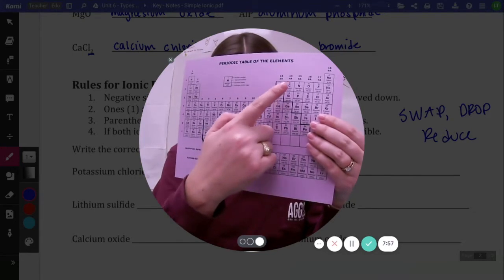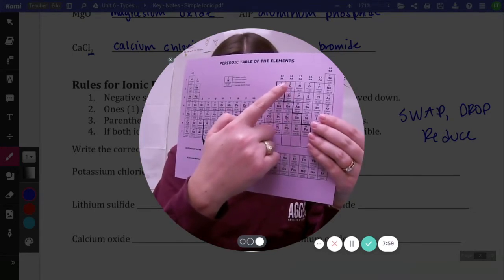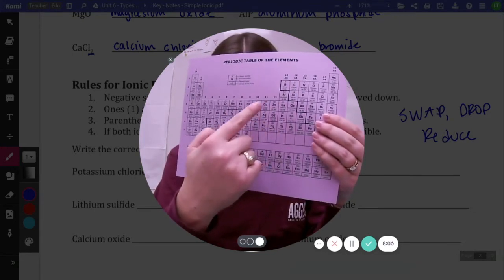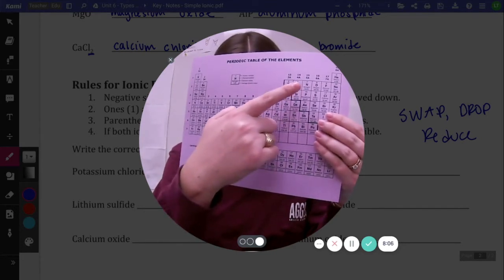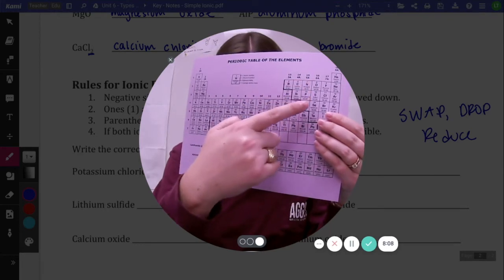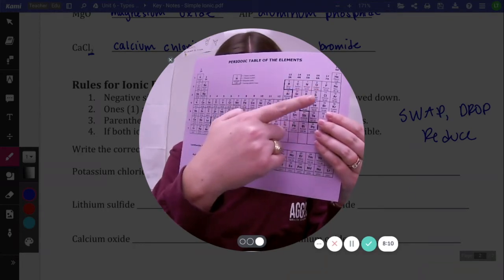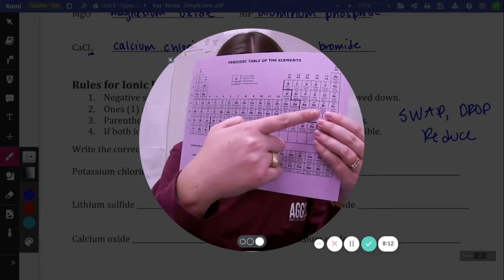Then over here, group 4, we have negative 4 on top and then positive 4 on the bottom. Group 5, negative 3. Group 16, negative 2. Group 17, negative 1, and then our noble gases don't form charges.